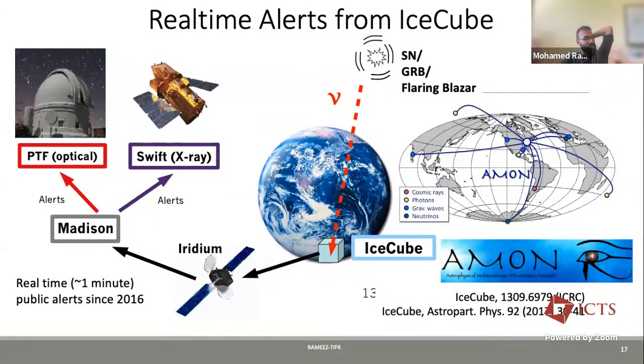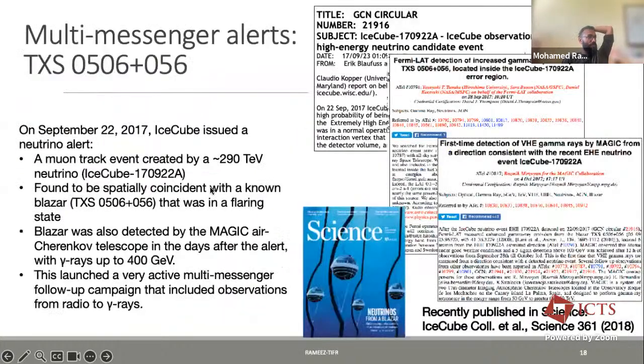So the fact that we've been able to send alerts means the rest of the community has been able to respond in time. When we first started sending out public alerts, for the first 9 alerts, we just sent out alerts and nothing really interesting happened. I was starting to wonder if there is a point to this.